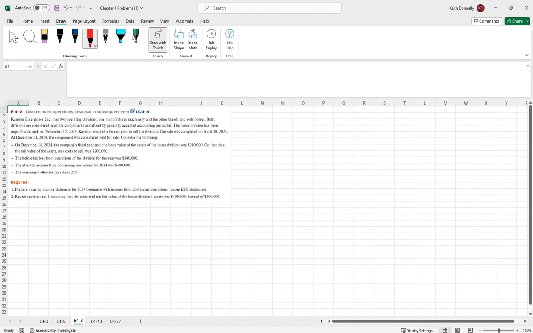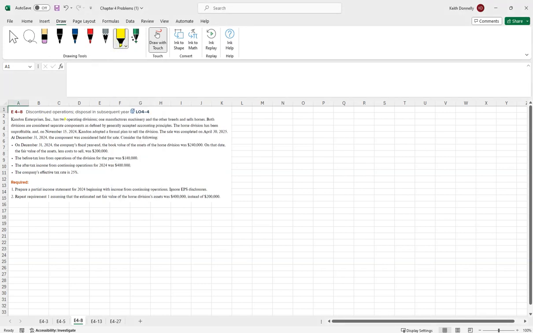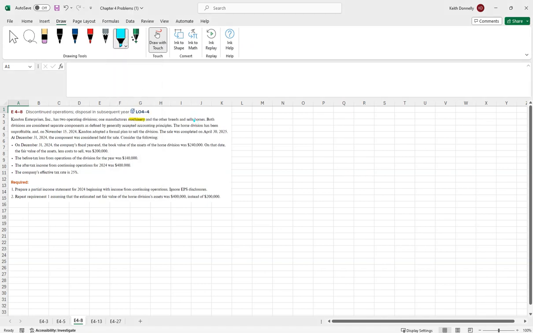All right, exercise 4.8 here. They're giving us some information. Looks like we have a company. They have 2 operating divisions, one that deals in machinery and the other that sells horses. I don't know what kind of company this is, but they got some interesting things going on here.